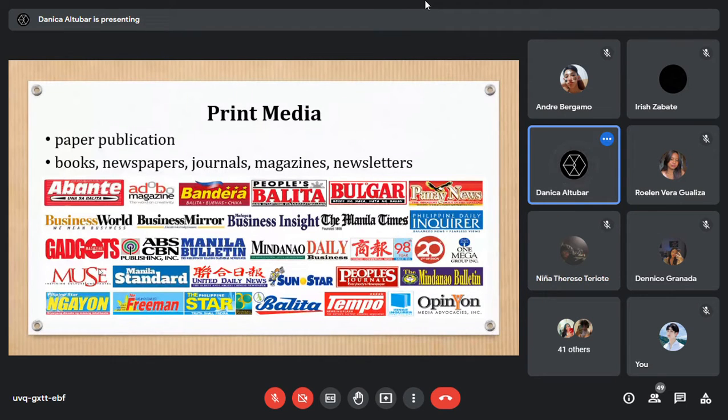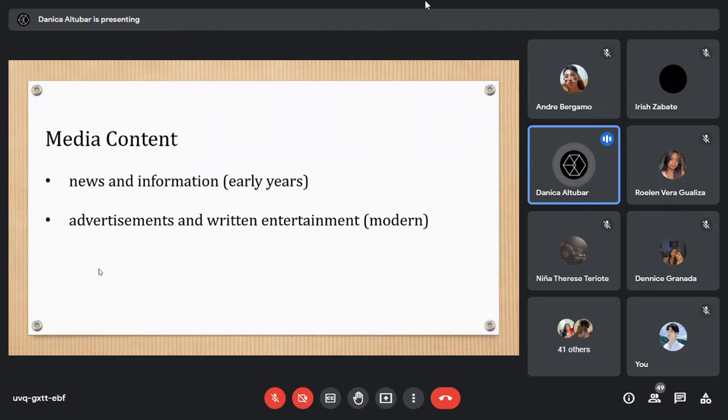So what's the usual content of this type of media? In the early years of media, the content generated by print media is news and information. During the modern times, they have generated a wide variety of information already, so it no longer focuses solely on news and information.